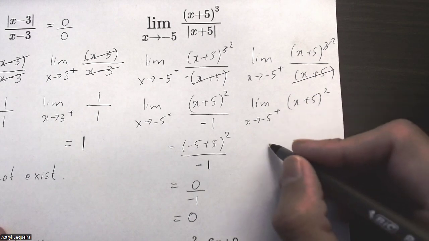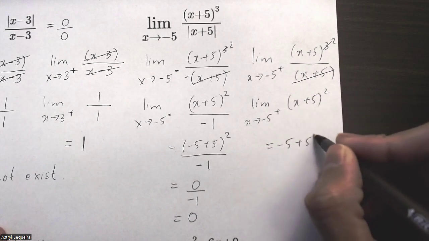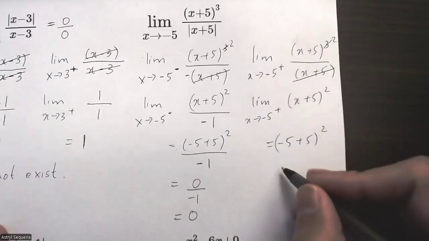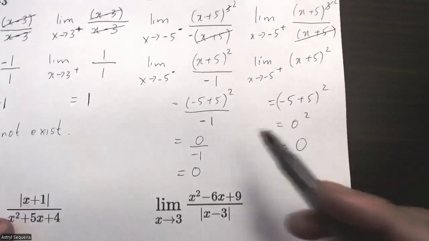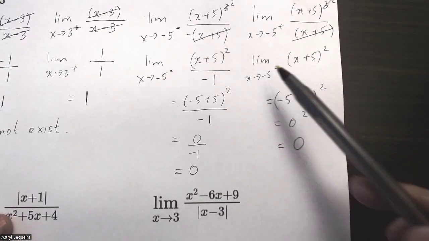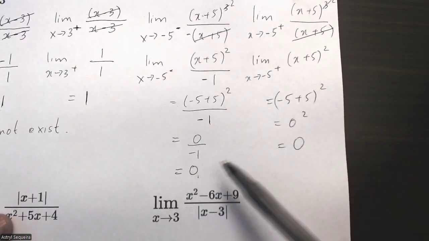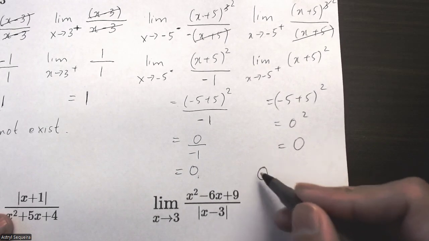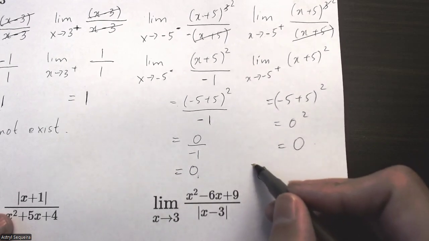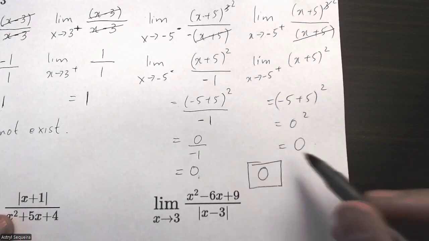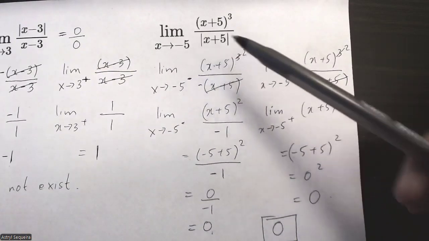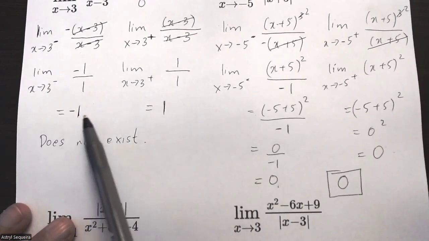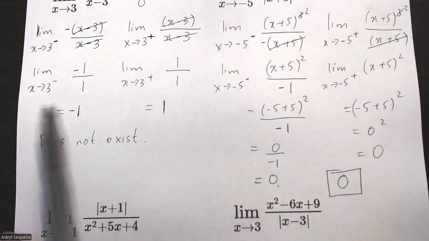So negative 5 plus 5 squared is just 0 squared, which is also 0. So now if you notice, the left side limit and the right side limit are both exactly the same, which means that the answer to this question is just a 0. The two limits match. That is the answer to the actual question. If the two limits do not match, means that the limit does not exist.